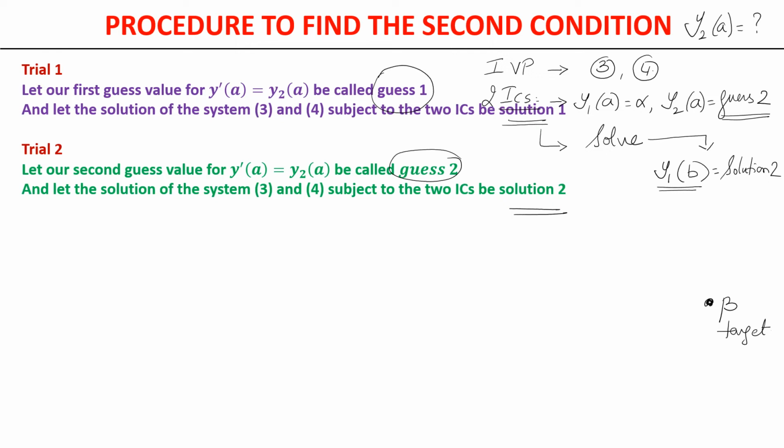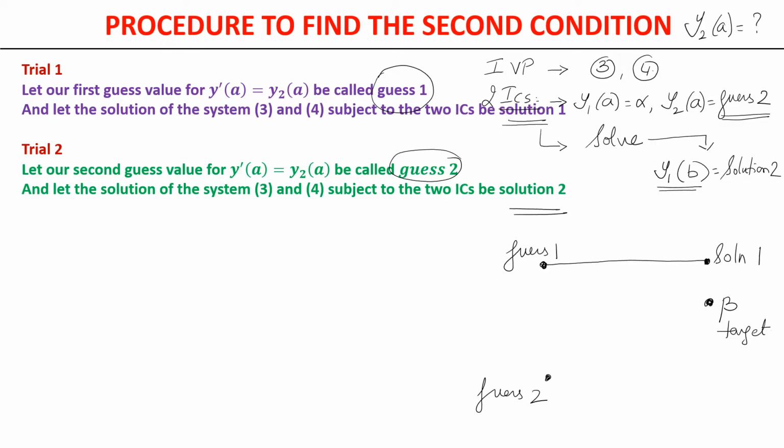But then where are we trying? We are assuming a value as guess 1 for y2 of a, guess 2 for y2 of a, and trying to solve the problem. By solving the problem with guess 1, I am reaching somewhere here, say coming to solution 1, y1 of b. It is not beta exactly, but it is somewhere we are arriving at.